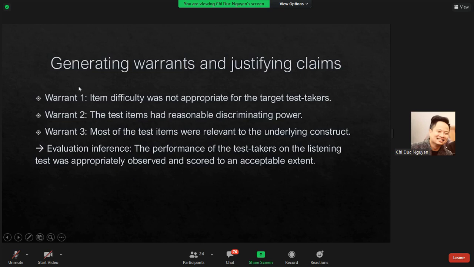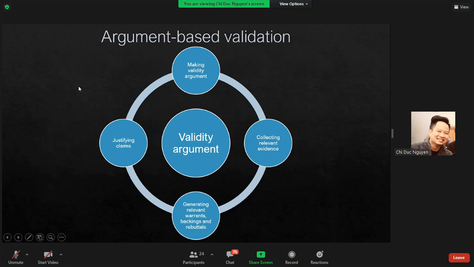Okay, so that is the cycle of argument-based validation. Argument-based validation consists of four main steps like this, and these steps make a circle because you can come back and forth between them every single time.